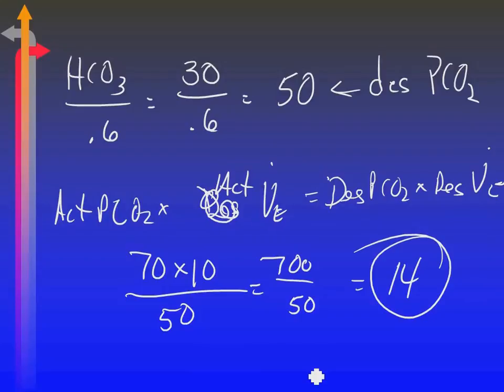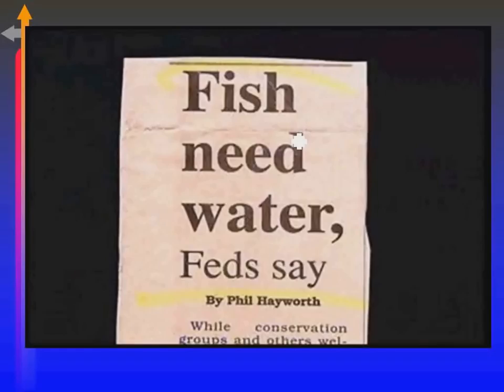So I would need to change my minute ventilation from 10 to 14 in whatever fashion I end up doing that. But that's the key step. All right? And I think I'll stop there.